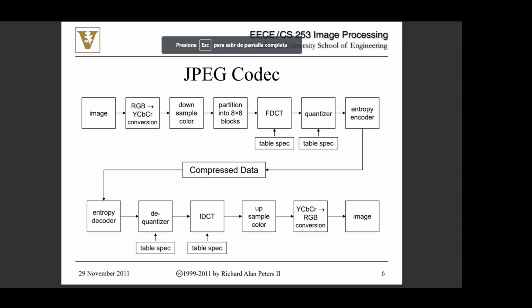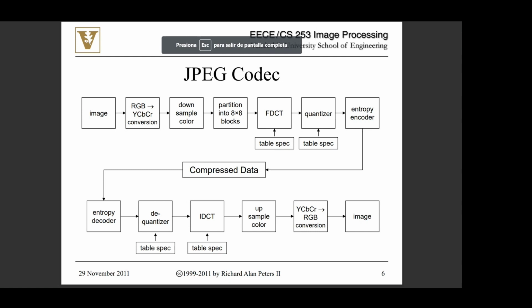We will see each one in detail, but first you decompose the RGB into luminance and chrominance, then you do a downsampling, then you split your image into small blocks, then you do the forward discrete cosine transform, then you quantize, and then you encode using this entropy encoder.